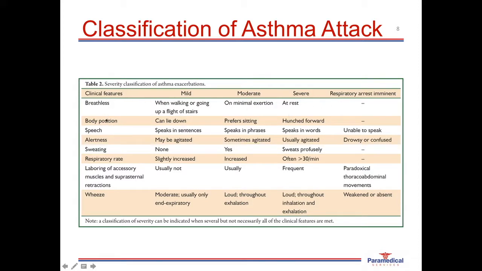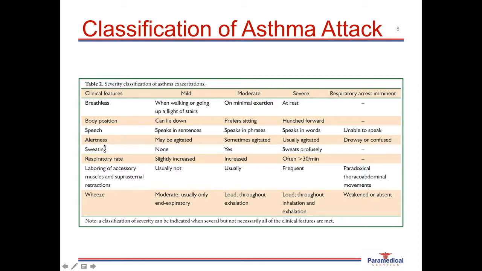The patient's position, in the mild case, they may be able to tolerate laying down or sitting back comfortably in a chair in the reclined position, but as the condition worsens, the patient slowly has to be more seated upright or in that tripod position, and if respiratory arrest is imminent, they may actually be unconscious at this stage, laying supine. Speech I'll come back to in a minute because I want to highlight a few things there.